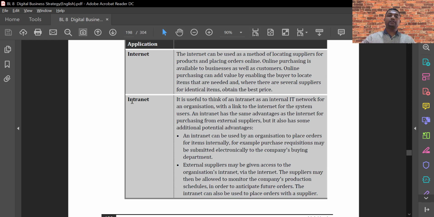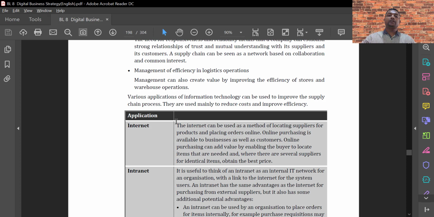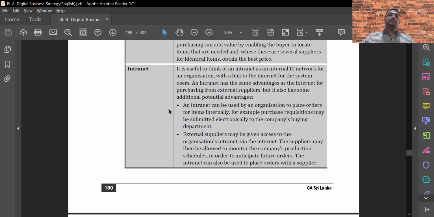Having the internet and the intranet and this ability in these systems is also one method where improving efficiency and saving the cost can be achieved. The purpose may be placing orders and maybe paying for those orders. So electronic data interchange is what happens in this online system.